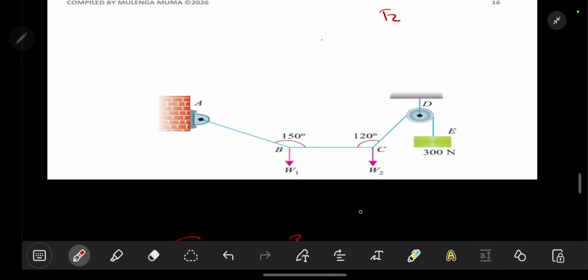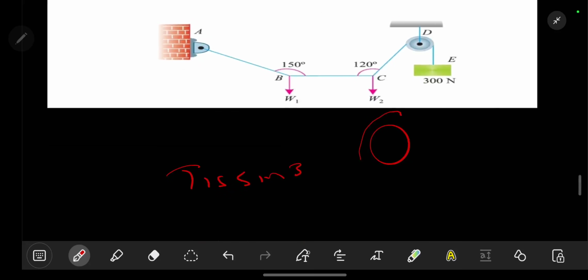If you have a one pulley system, then you have a rope that is passing around the pulley system. The rule is that the string is inextensible, meaning that if the tension on one side is, let's say, 300 newtons, it simply means that on the other side it will also be 300 newtons, as long as we have just one pulley system passing like that.